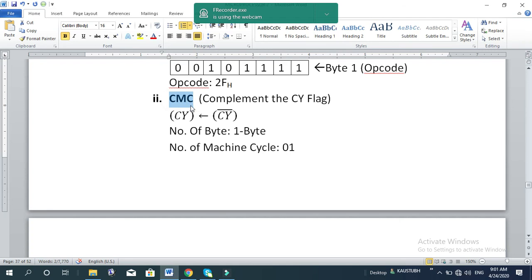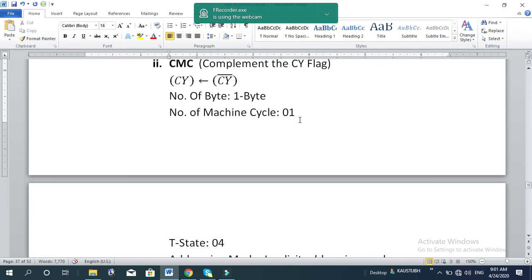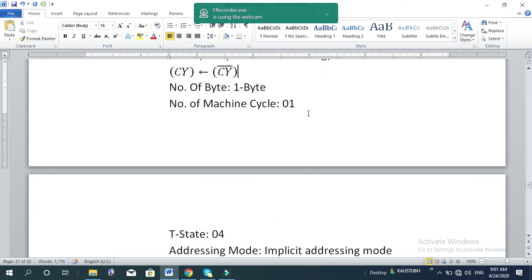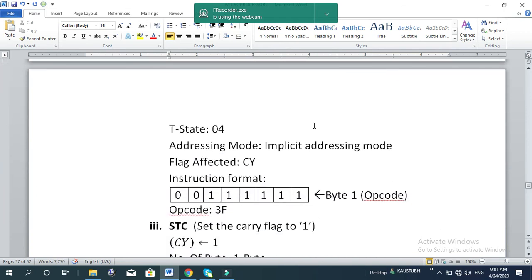Now, what is the importance or requirement of this instruction? Suppose in some operations, particularly while doing the rotating instruction, it is required. Sometimes we need to have the carry flag forcefully 1 or carry flag forcefully 0. If we need the carry flag forcefully 1, then I will execute this STC instruction.